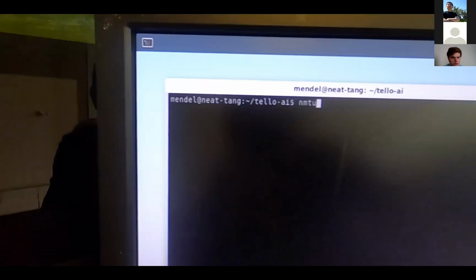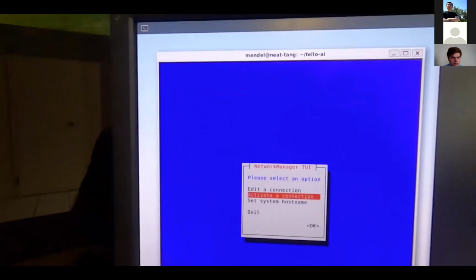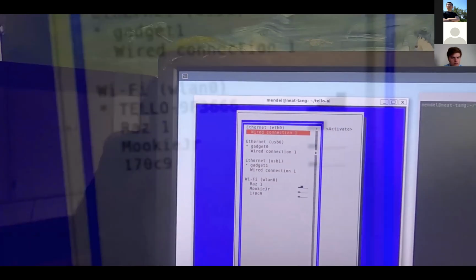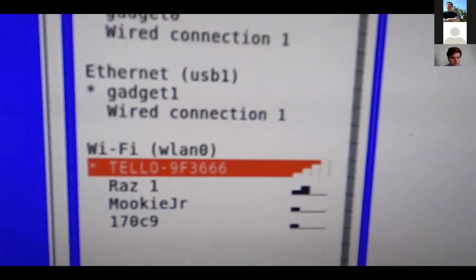So once you start the drone, you have to connect to the drone's internet. It takes a second. Here you can see that I am connected to it now.